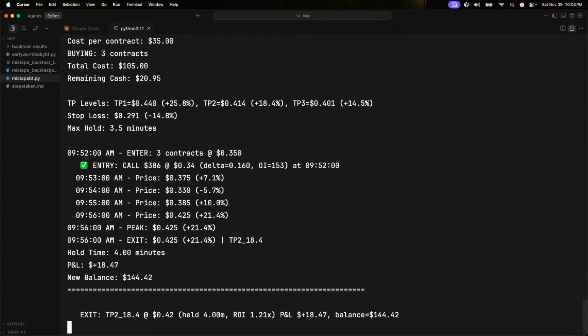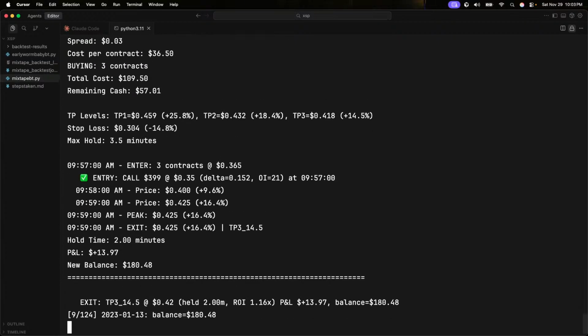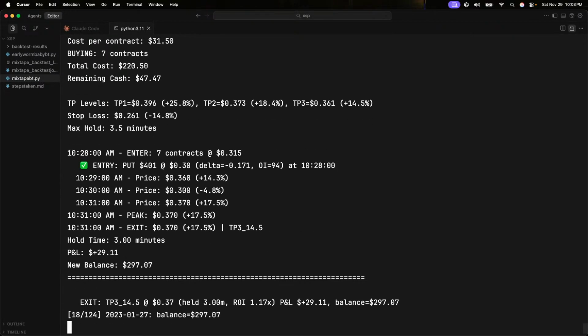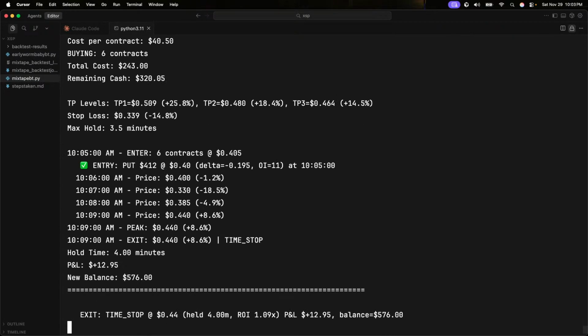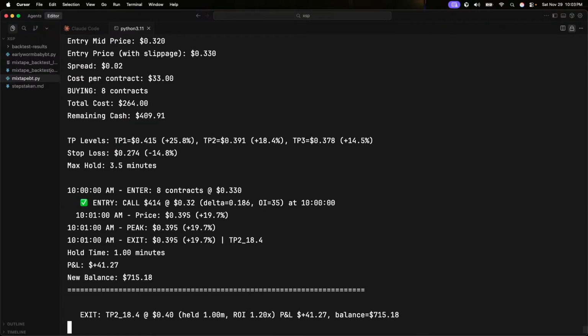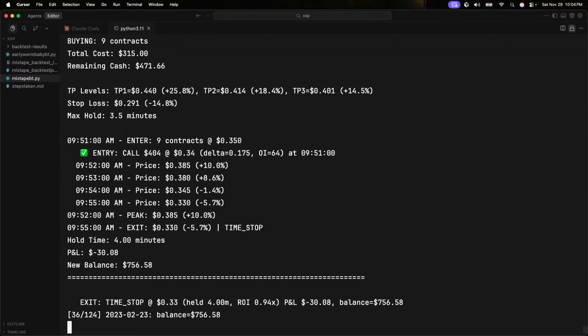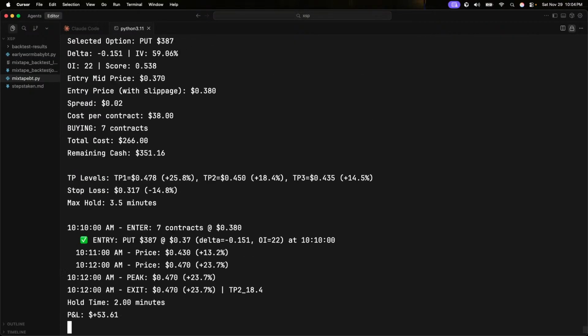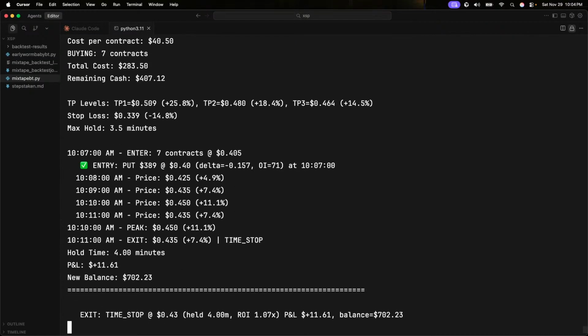So let's see how well this performs. What I've done is I just turned on the IV toggle that wasn't used before. It's still giving back a little bit too much money for my liking.